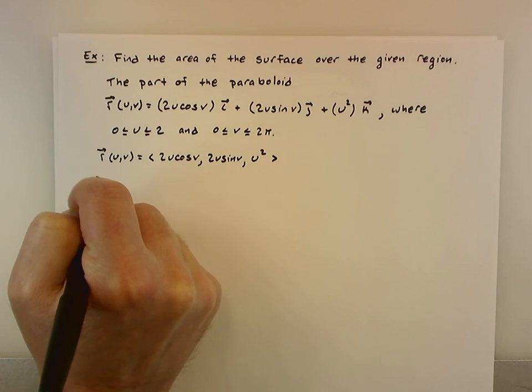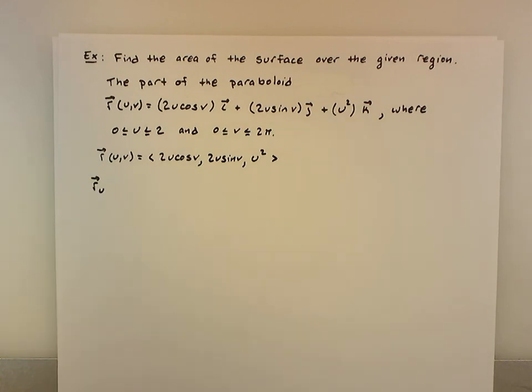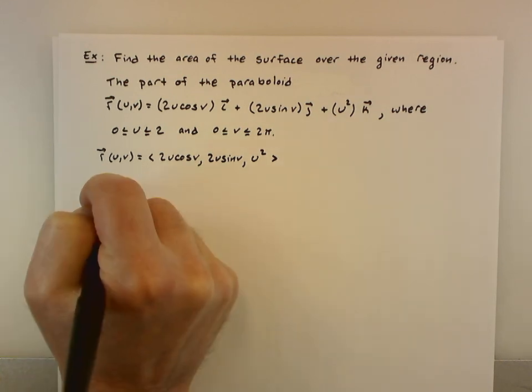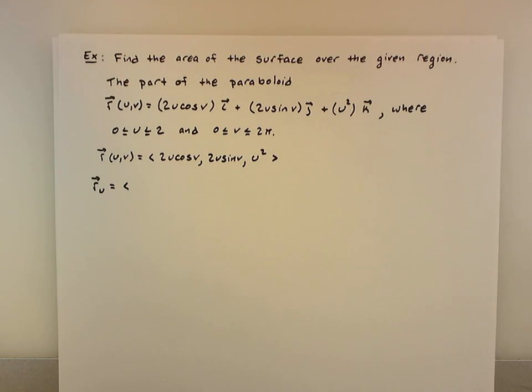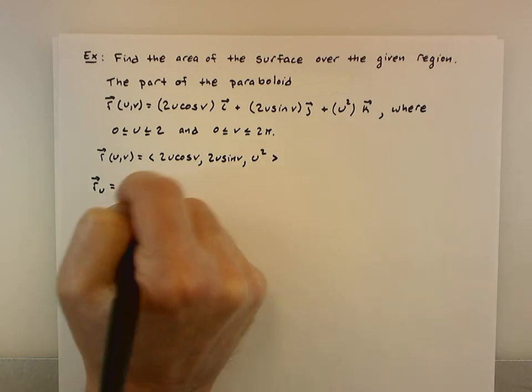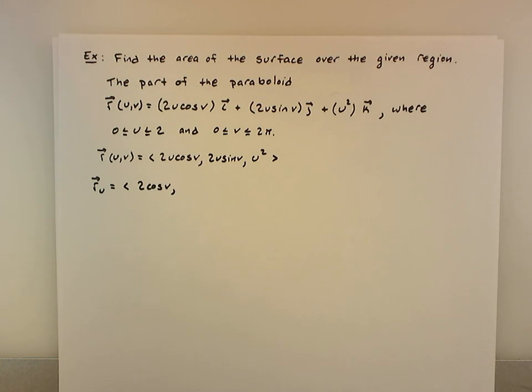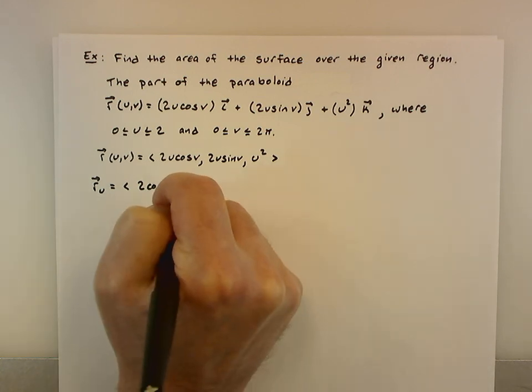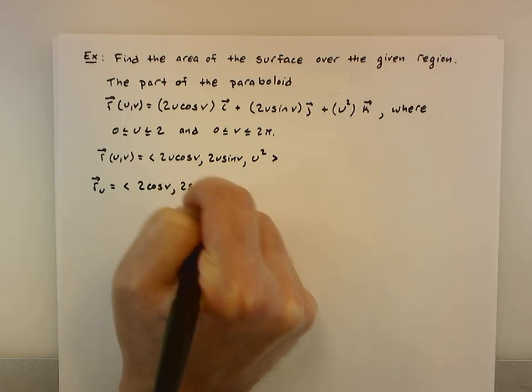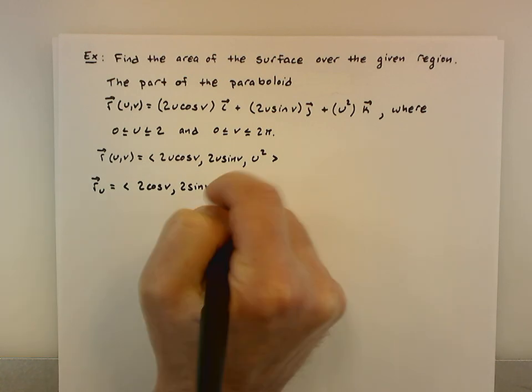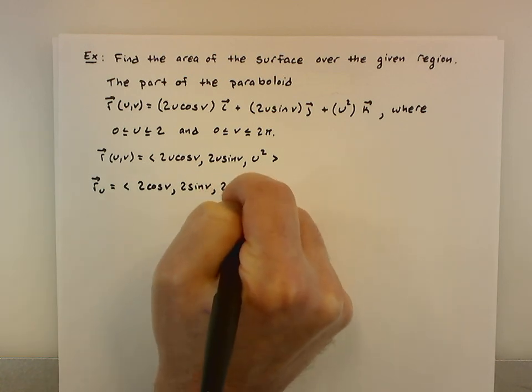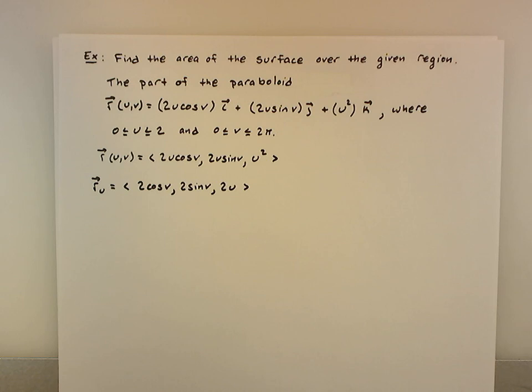The partial derivative of R with respect to u is equal to 2 cosine V, 2 sine V, and 2u.